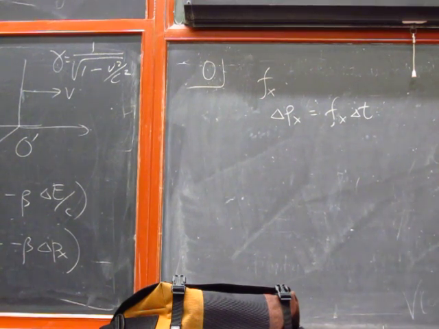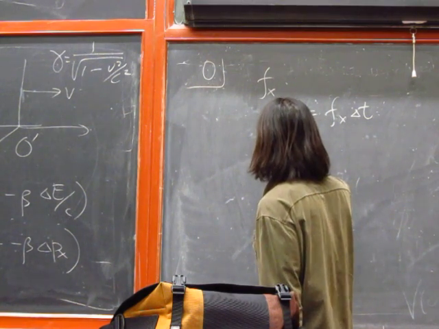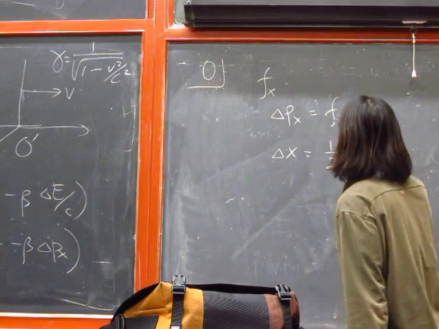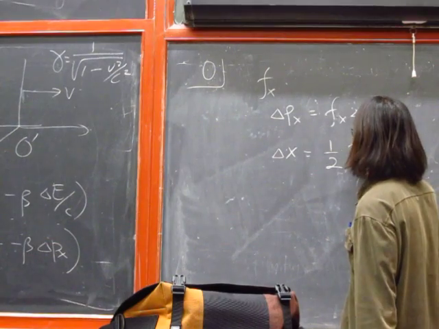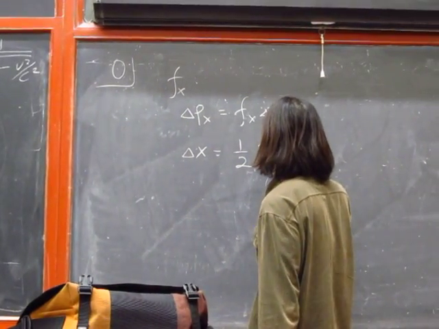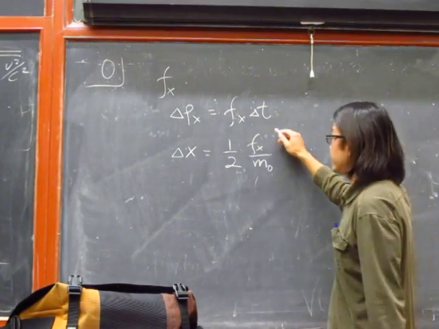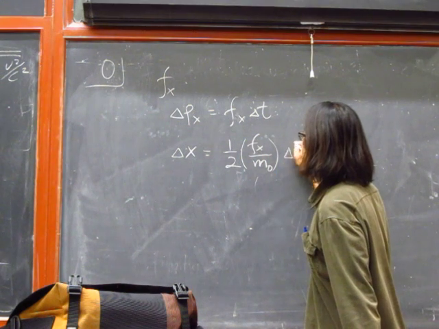From mechanics you also know that delta x is equal to 1/2 the acceleration times delta t squared, and the acceleration is just Fx over m. Let's write m naught, because in relativity this is the rest mass of the particle.